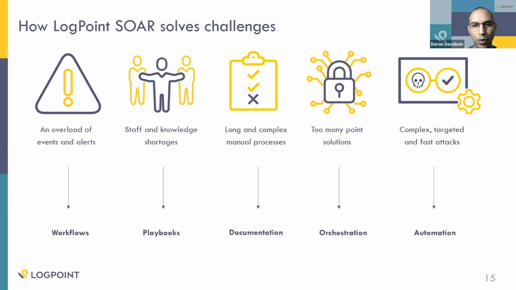So, for example, if you want to check whether a certain user is now abroad, you can actually connect to a travel system that you have within the organization or to the HR system to check some additional details about a specific user and through that make a decision either about a security incident or something else.